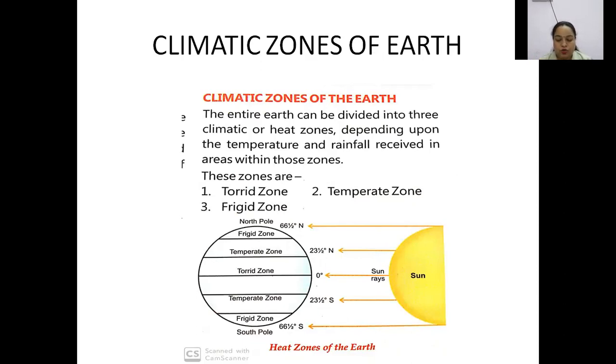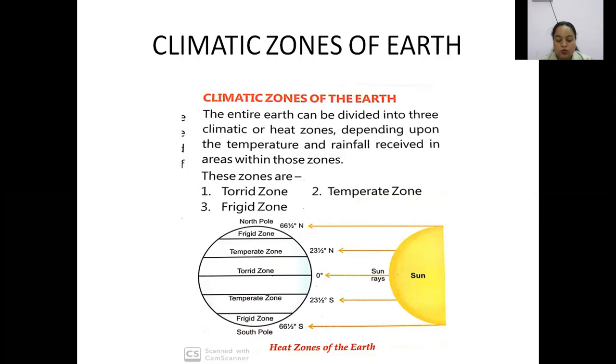The climate of this zone extends between the Tropic of Cancer and the Tropic of Capricorn. Can you see this? 23.5 degrees north is called the Tropic of Cancer. 23.5 degrees south is called the Tropic of Capricorn.